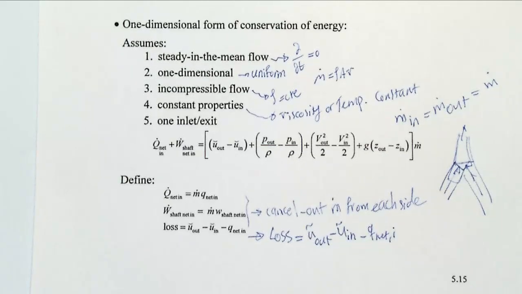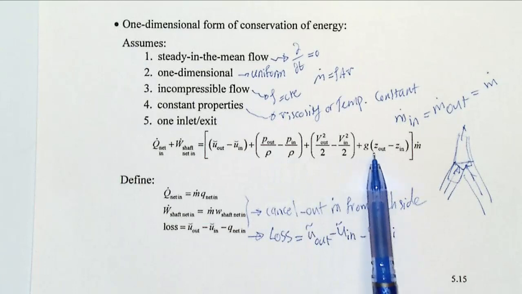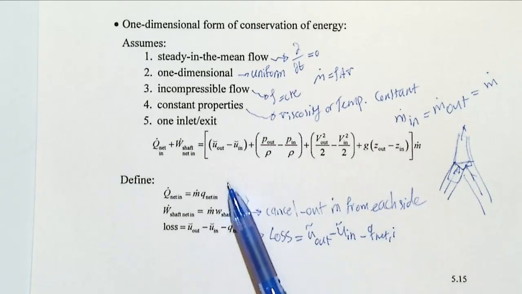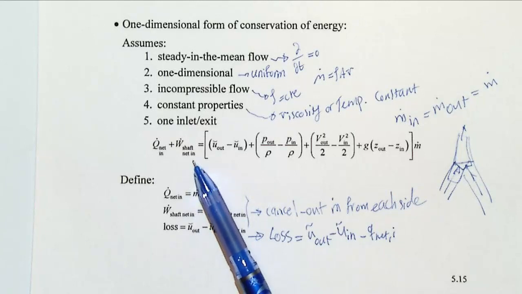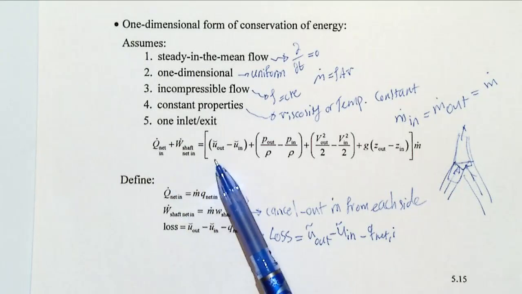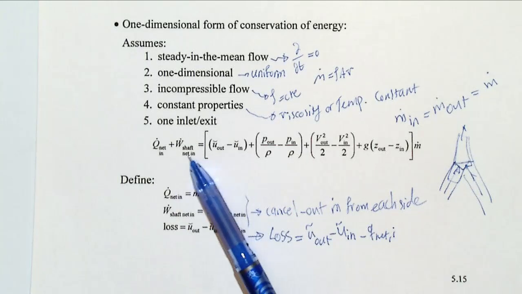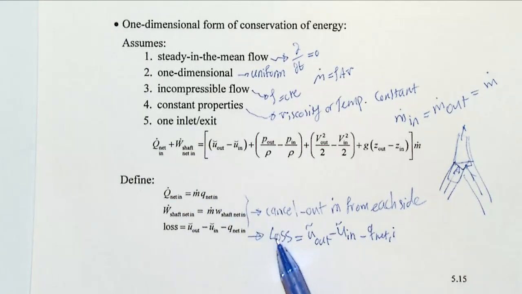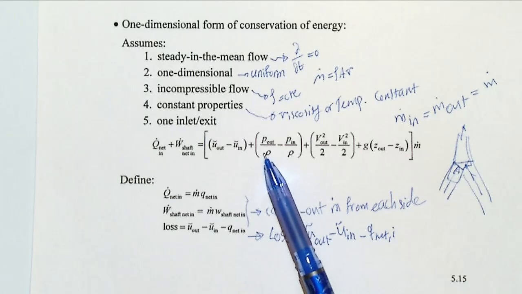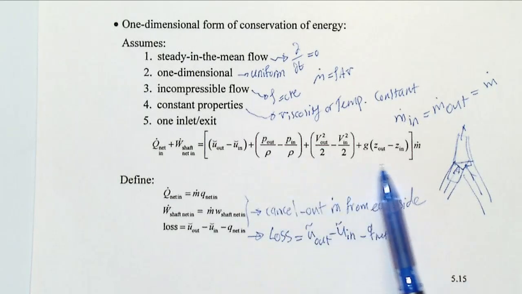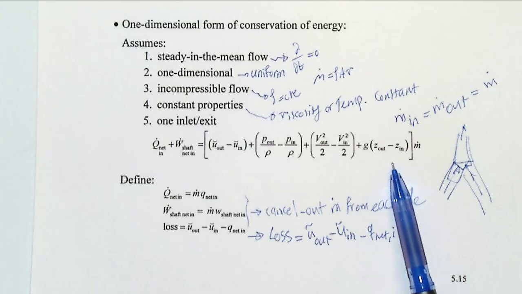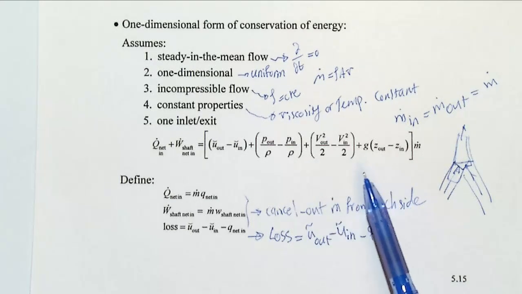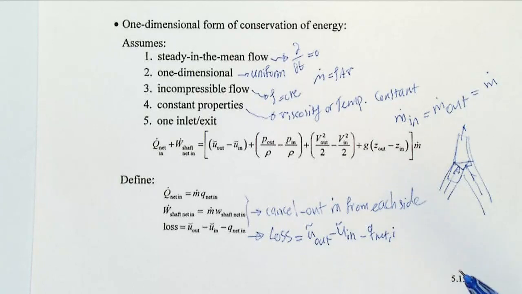If you bring the negative sign over, keep that as equal to 0. If you assume that this is 0, and you don't have any loss here, so you don't have any W shaft, then it's going to be 0. And you assume that the internal energy and the Q net, or loss, is 0, what will be left? This term is going to be 0, right? If you say that this term is going to be 0, and bring all the negative signs to the other side, this is going to be your Bernoulli equation, right?